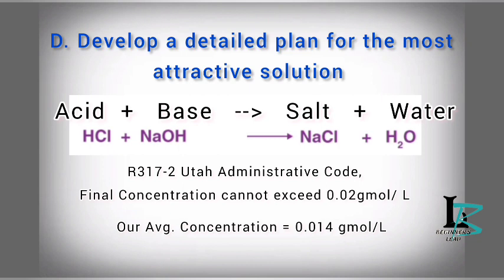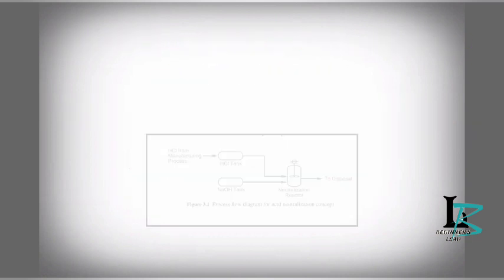After certain calculations, according to R317-2 of the Utah Administrative Code, the final concentration cannot exceed 0.02 gram mole per liter, but in our case the average concentration is 0.014 gram mole per liter. So we can proceed with the acid neutralization process.